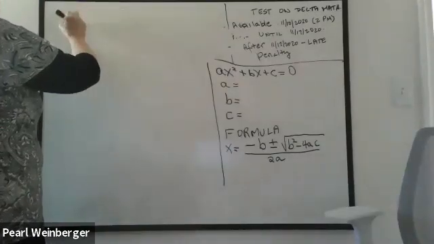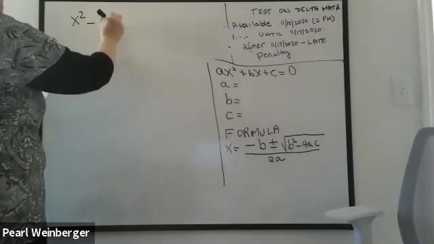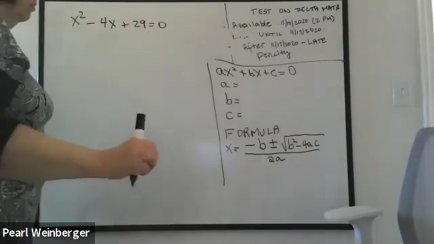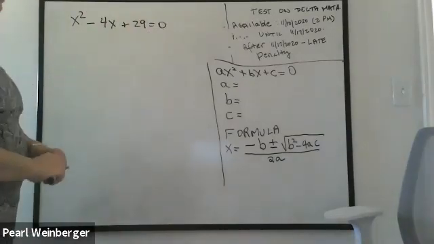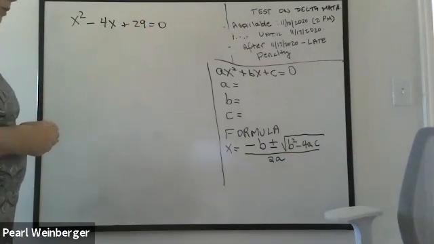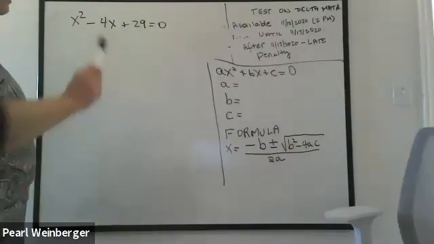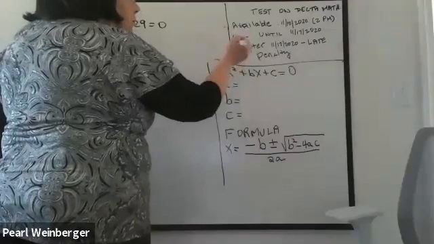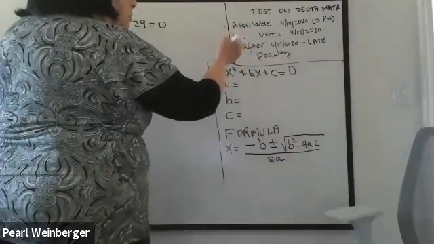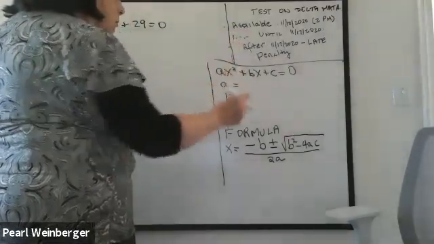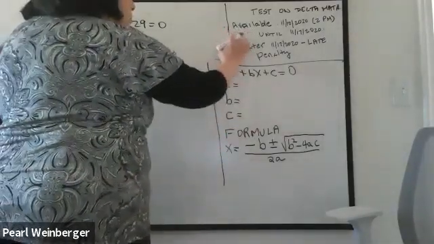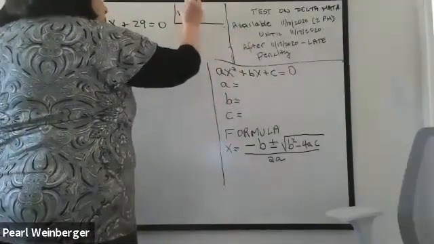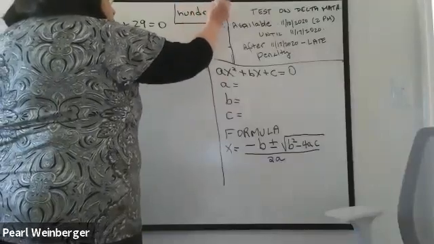Here's the equation: x squared minus 4x plus 29 equals 0. I'm going to give you about 4 minutes to solve this. I'd like you to use the quadratic formula. After you've done that, see if you could get your answer to the nearest hundredth. That hundredth is 2 decimal places.